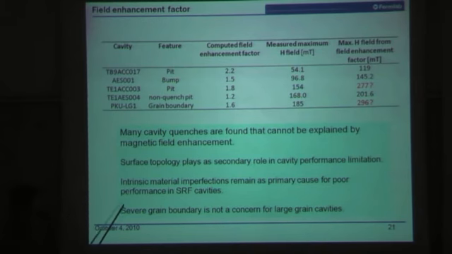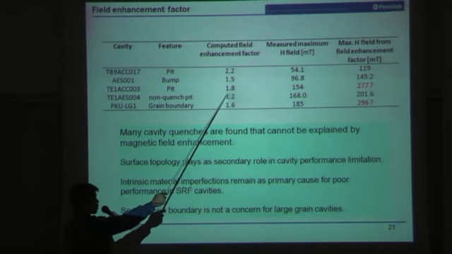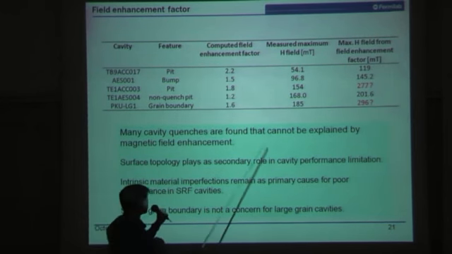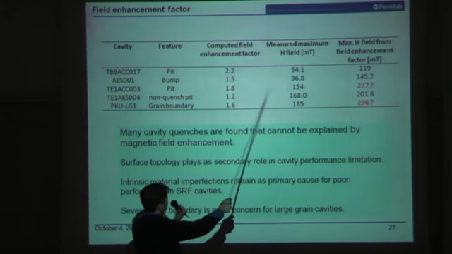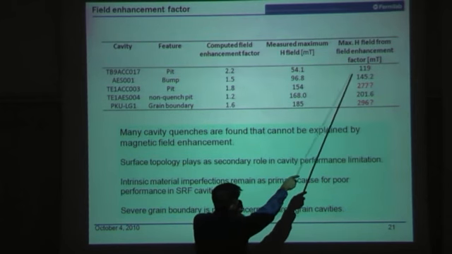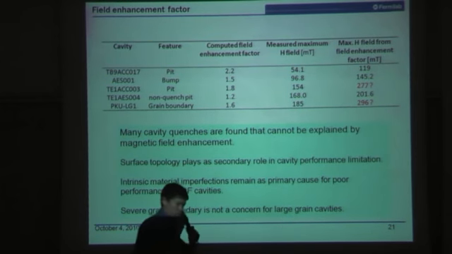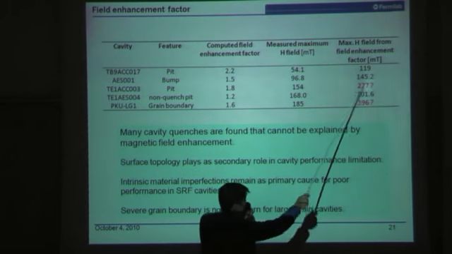Now here's the summary of the previous couple of cavities together with this large grain cavity. We computed the field enhancement factor based on the surface topology we get, and we have this measured maximum H field. You multiply this together, and here's the maximum H field based on the field enhancement factor you're supposed to get. So we'll look at the numbers you have. You have this case as 277 millitesla.